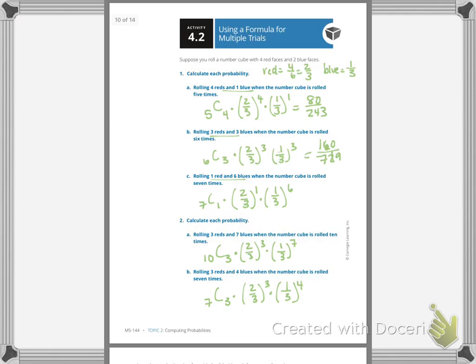Now we're going to do 7, choose 1. Again, it's a combination because it doesn't matter what order you pull the marbles out. So now I've got 2/3 to the 1st, 1/3 to the 6th. Convert it back. I got 14 over 2187.